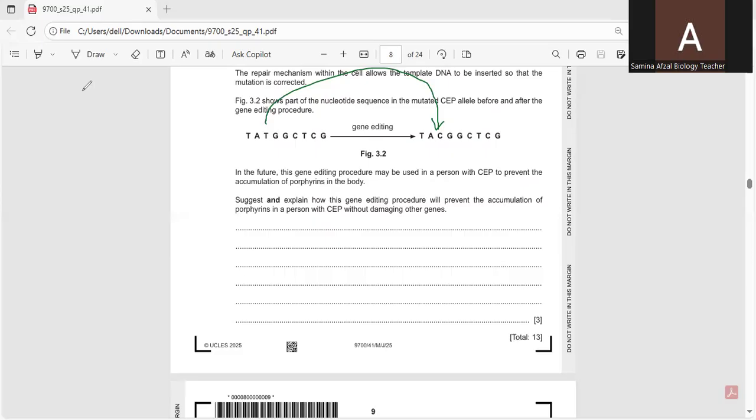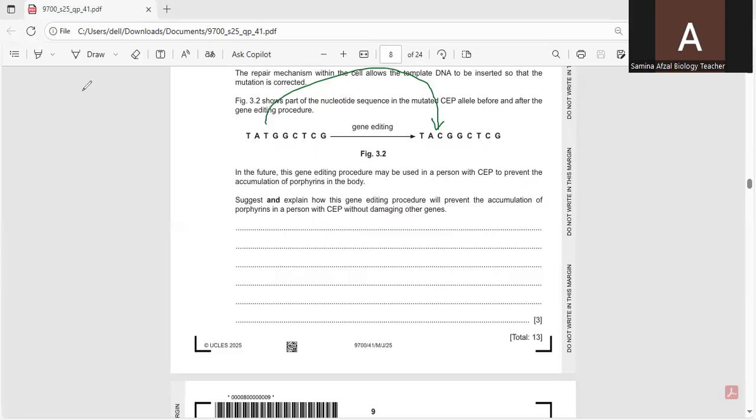The guide RNA is specifically designed to be complementary to the nucleotide sequence of the mutant CEP allele, directing the complex to the exact location of the substitution mutation.